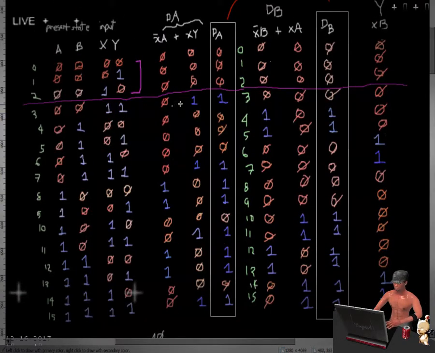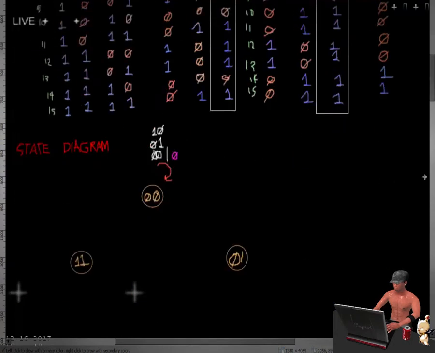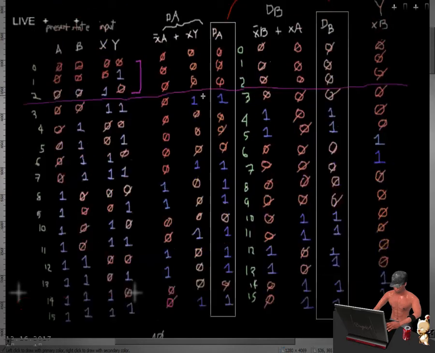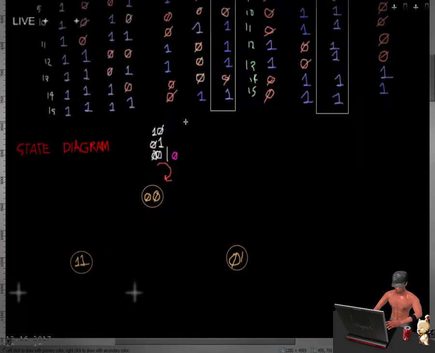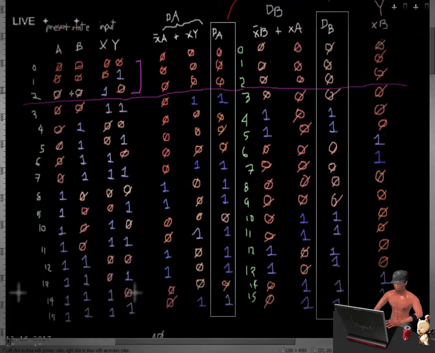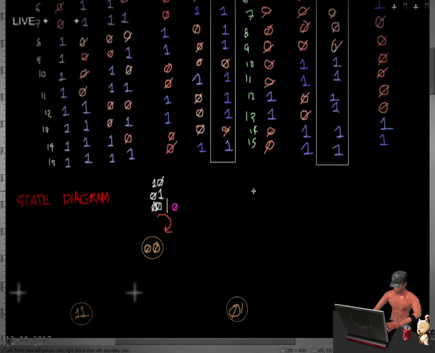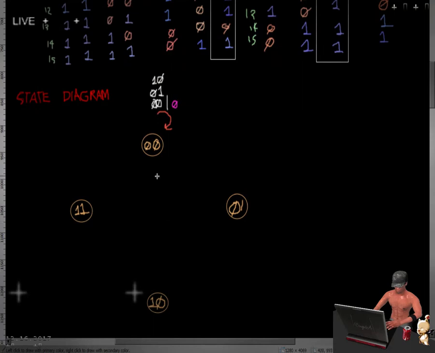Okay, so now for the next state, we have an input of 1, 1, we get a next state of 1, 0. So when we get an input, we go to the next state now. The present state is 0, 0, and then 1, 1 goes to 1, 0. And what is 1, 0? It's a cross. Like that.